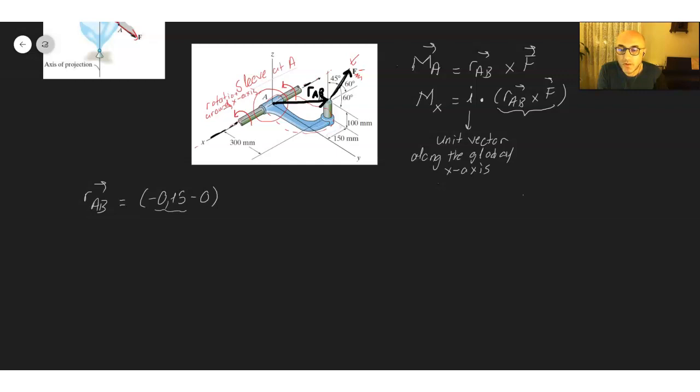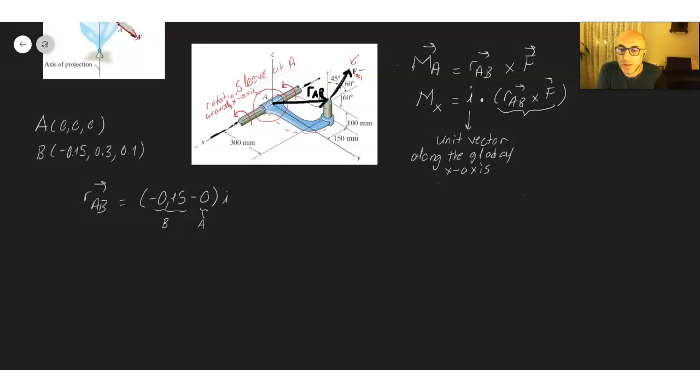That's the coordinate for B, and that's the coordinate for point A. So let's just write down: coordinates for A will be 0, 0, 0, and coordinates for B will be minus 0.15, 0.3 for Y, and 0.1 for Z. So this is basically what I'm trying to do.